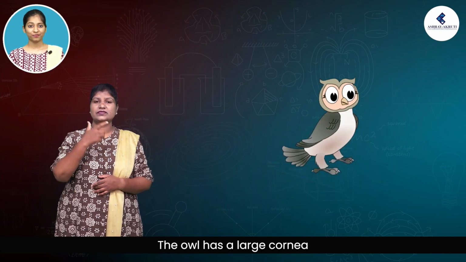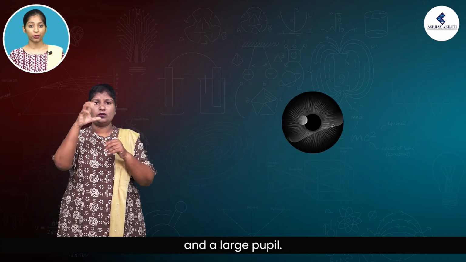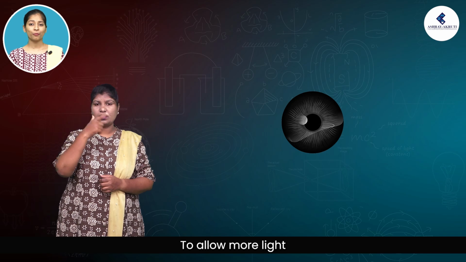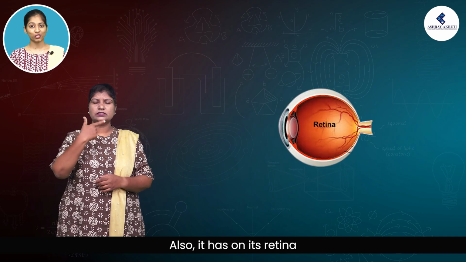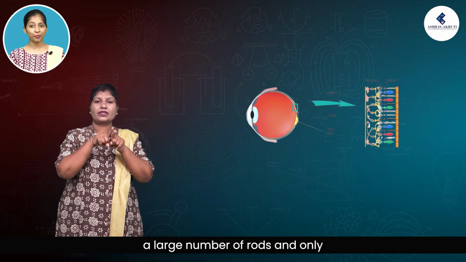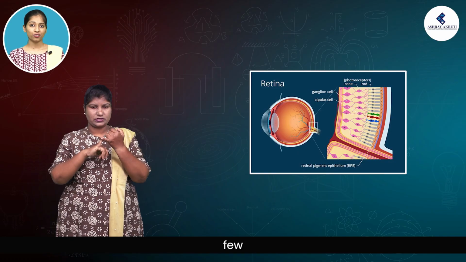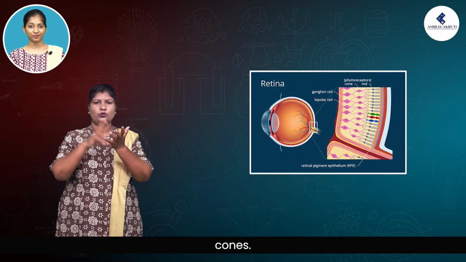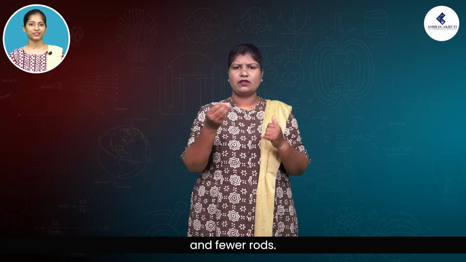The owl has a large cornea and a large pupil to allow more light in its eye. Also, it has on its retina a large number of rods and only few cones. The day birds, on the other hand, have more cones and fewer rods.